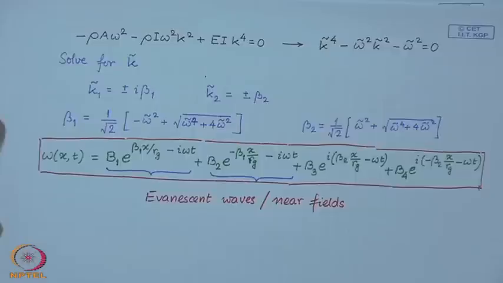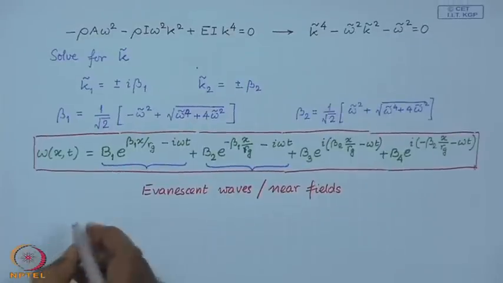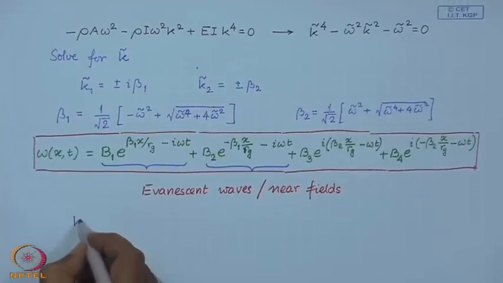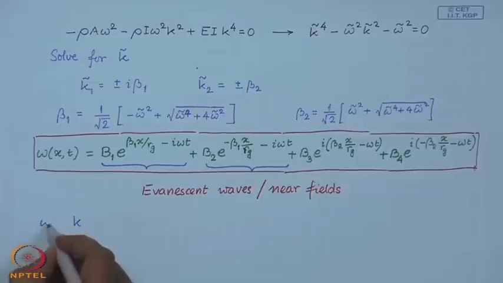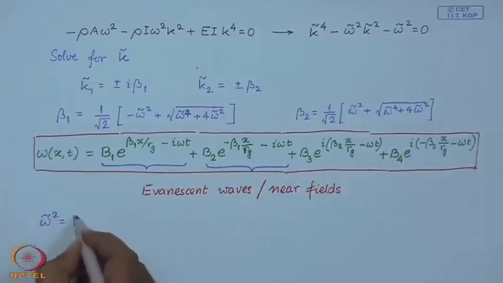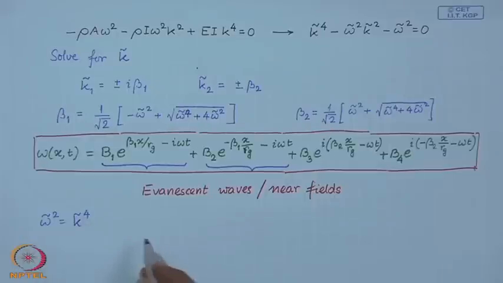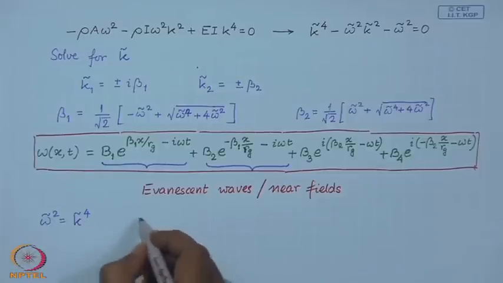In the case of the Euler-Bernoulli beam, the dispersion relation was omega square is k power 4. Therefore, we will have solutions of k.